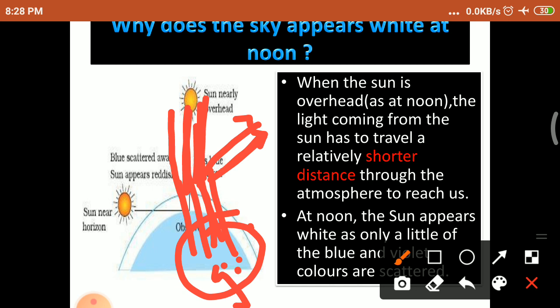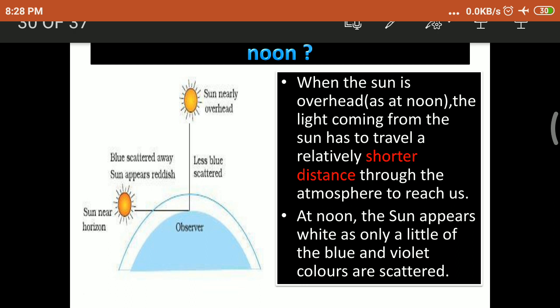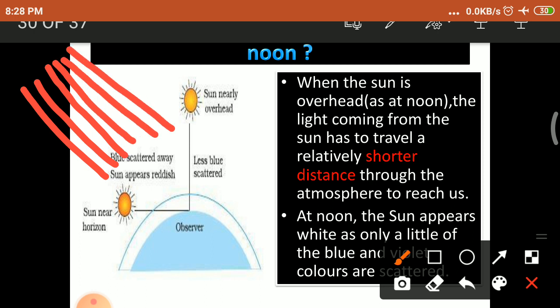Do you understand why the sun appears white at noon time? Listen, sunlight consists of 7 colors. The 7 colors also enter into our earth's atmosphere. Only a small amount of blue and violet is scattered.